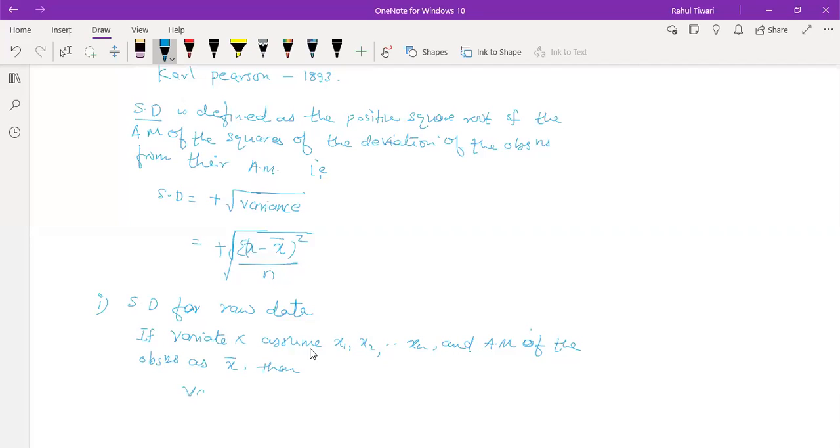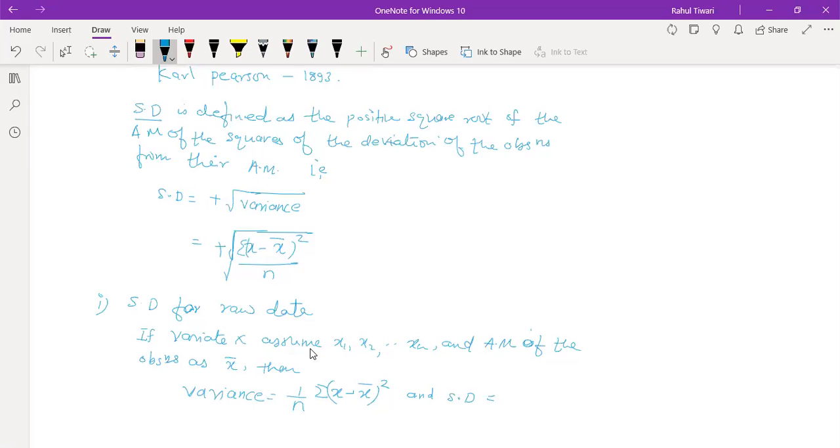First we define variance. Variance is equal to 1 upon n summation of (x minus x bar) whole square. And the standard deviation will be the square root of variance. You have to remember this formula.